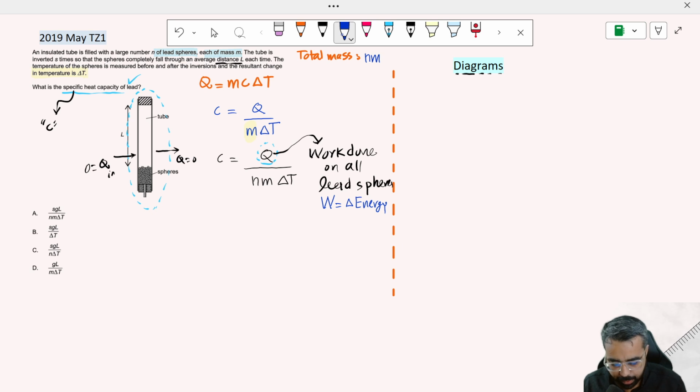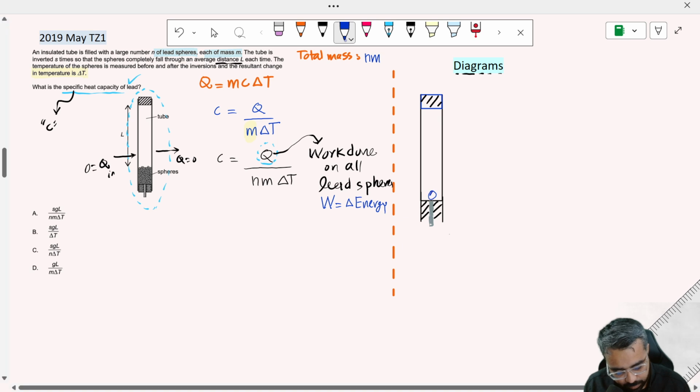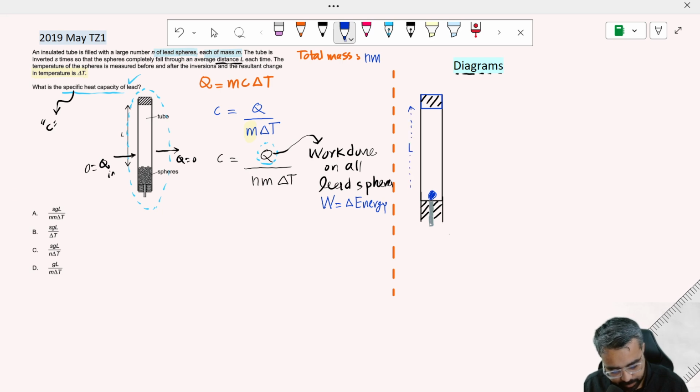Now how will it happen? Let's take only one sphere in the diagram. Students, you see that in this tube, this is the one lead ball which has a mass m. And what is the distance according to the question? It is the capital L. So when we invert it, of course you will apply some mechanical energy to do that. As a result of that, it will gain potential energy. Why? I'll show you.